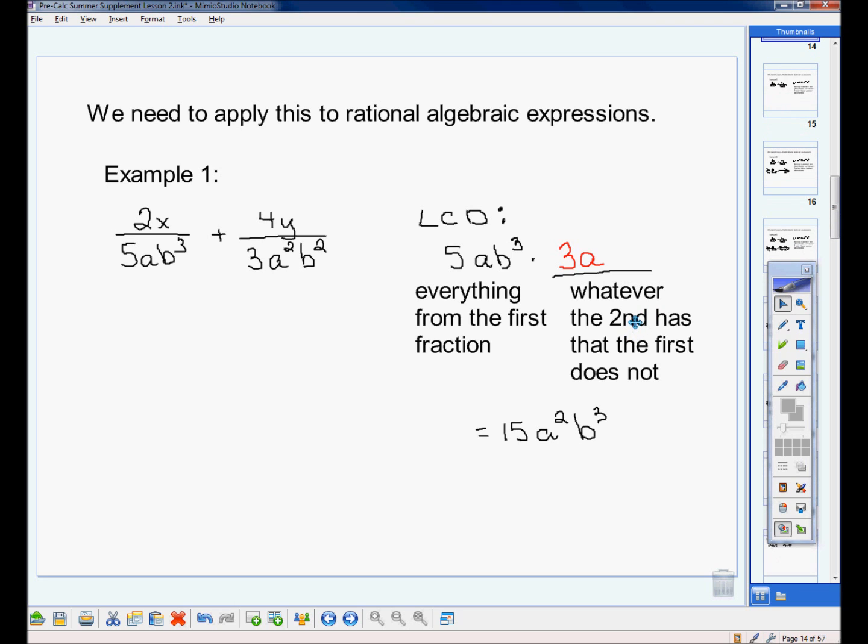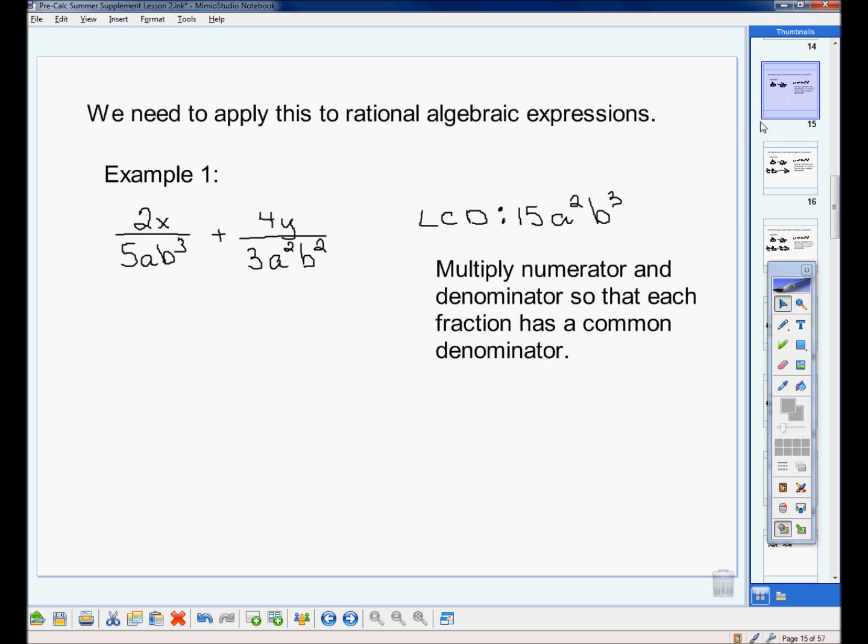We need to be able to use that common denominator. There it is again. So just like in the regular plain old fractions, we are going to need to multiply the numerator and denominator so that each fraction has a common denominator.